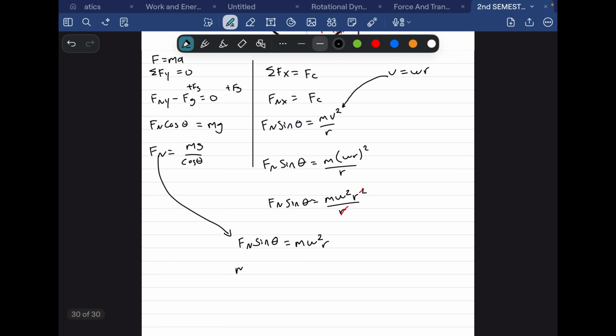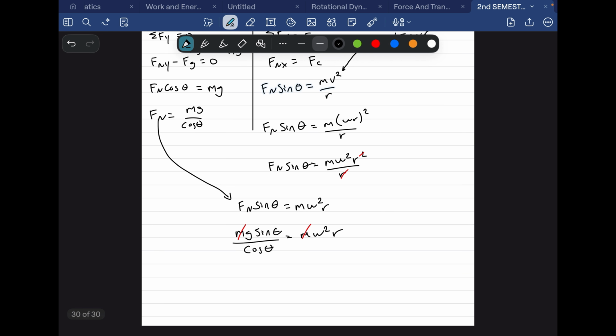And then I'll plug in Fn. So you get mg sine theta over cosine theta is equal to m omega squared r, lowercase r. Then mass cancels out. So you get omega squared r equals g tan theta, right? Sine over cosine is tan.